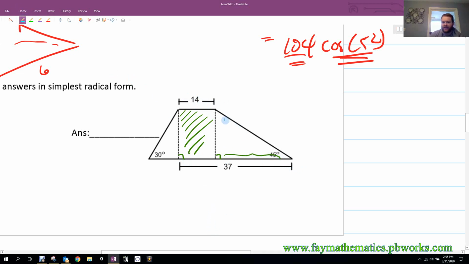Now, if you have that distance, this is then a 45, 45, 90 triangle. Once you have that distance, you should automatically have that distance. Once you have that distance, it should be the same as that one. And now that gives you the ability to work with this 30, 60, 90 triangle to find that distance right there.